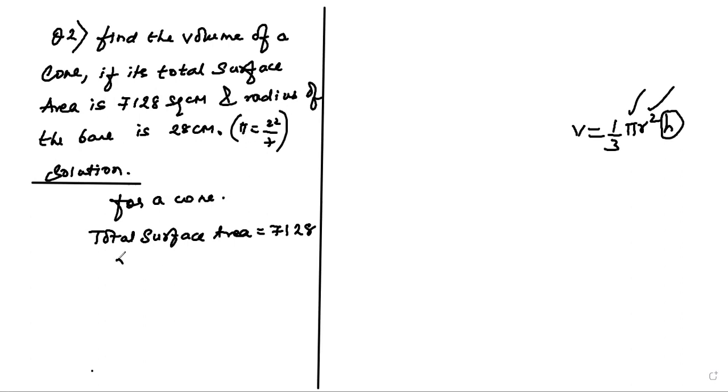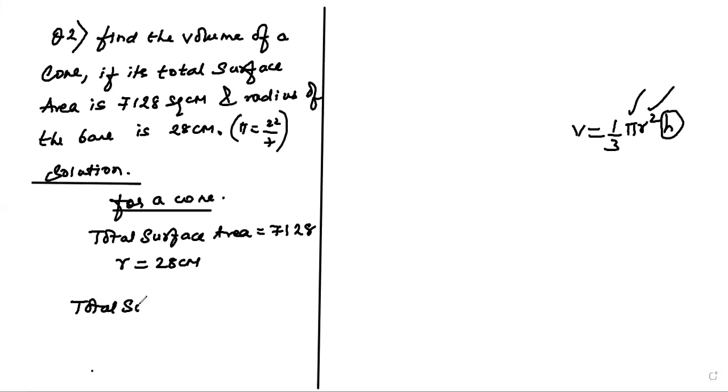And what else is given? Radius is given, 28 centimeter. So now you can see, children, we are going to use first the formula for total surface area. So the total surface area formula is what?